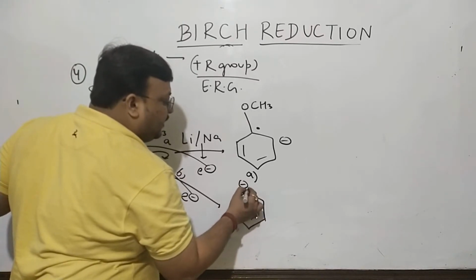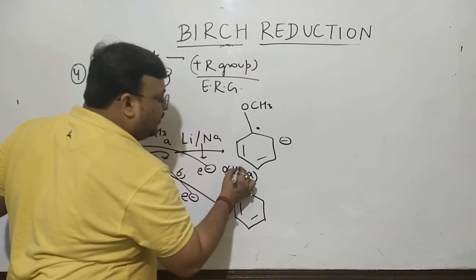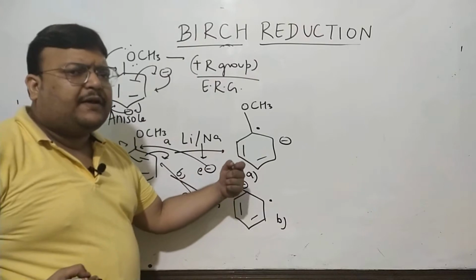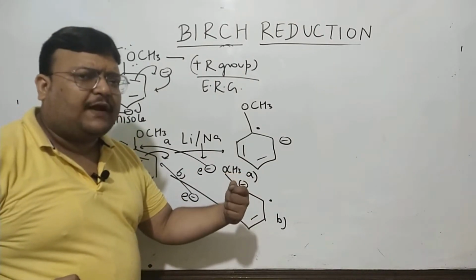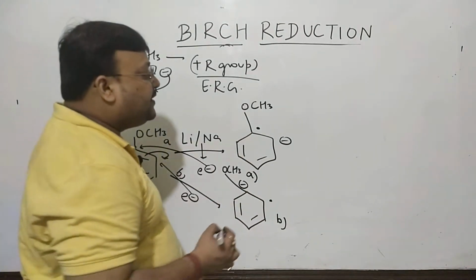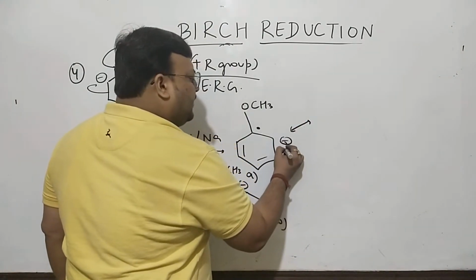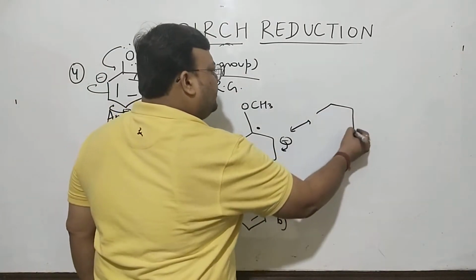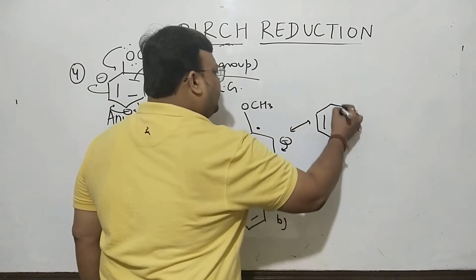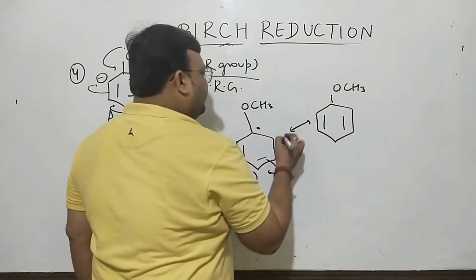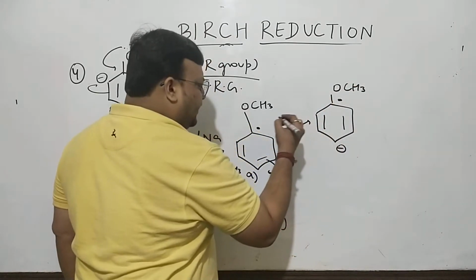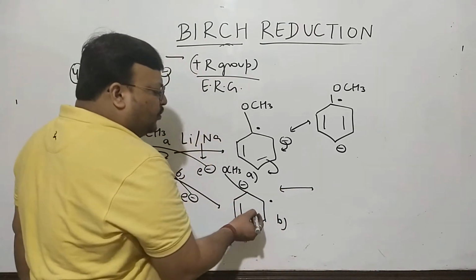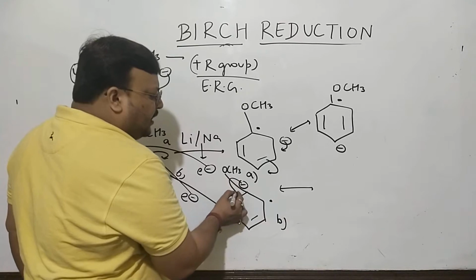So this is possibility B, I'll call this intermediate B. The intermediate which will mature to the final product is the one where these two are at maximum separation. So we want to write the corresponding resonating structure. For possibility A, this is the radical anion in contention, where this lone pair comes here, and again I want these two at maximum separation, so I pull it down here.